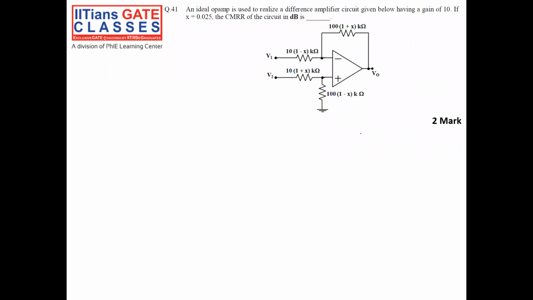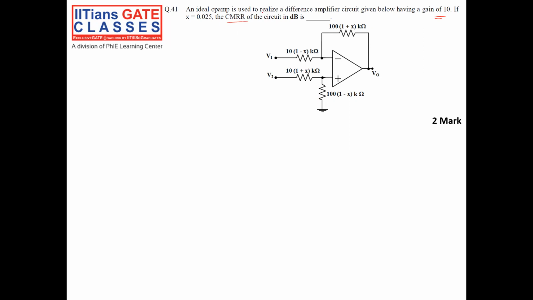Now, the next question is: an ideal op-amp is used to realize a differential amplifier given in the circuit below, having a gain of 10, right? So the given differential gain is 10. If X is 0.025, what is the CMRR?